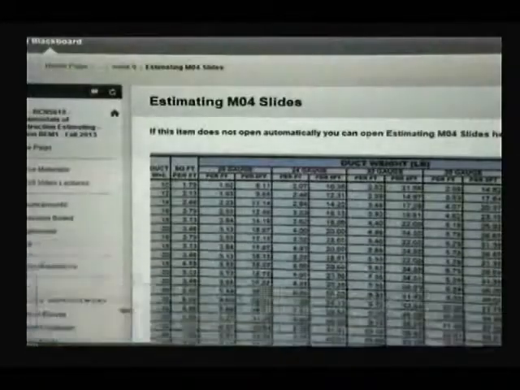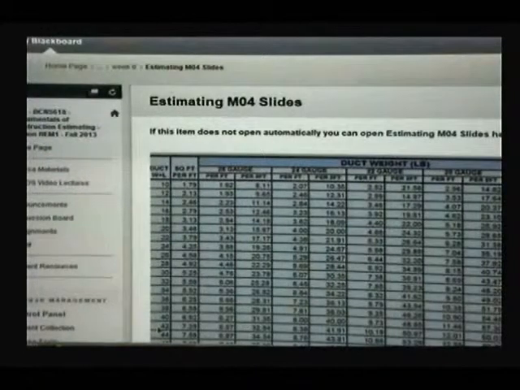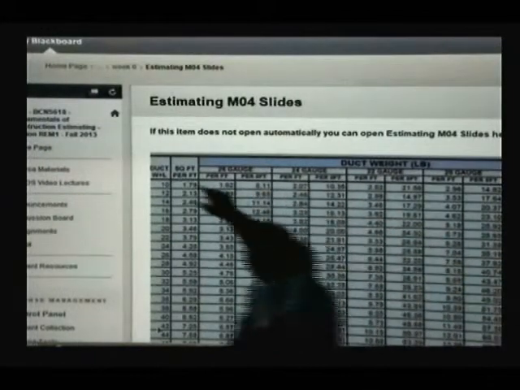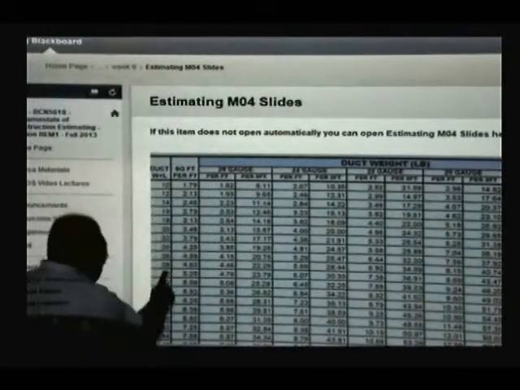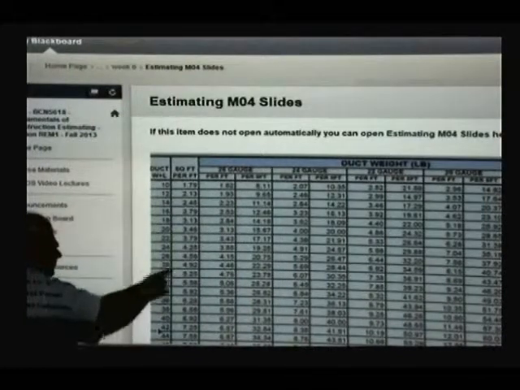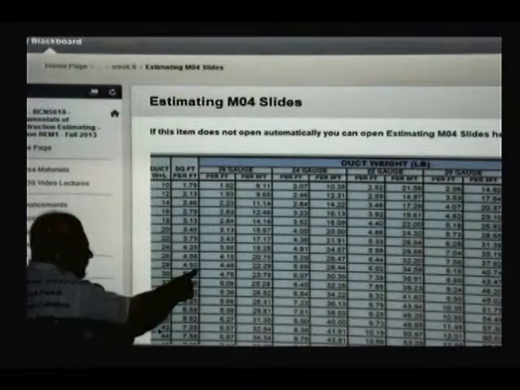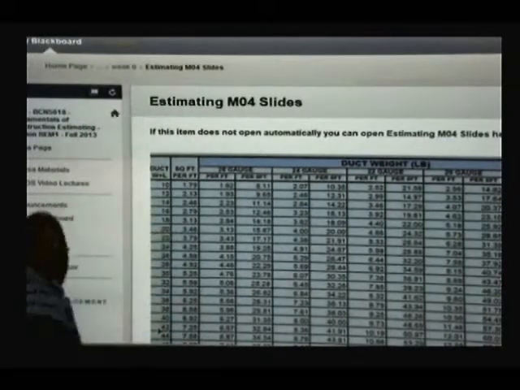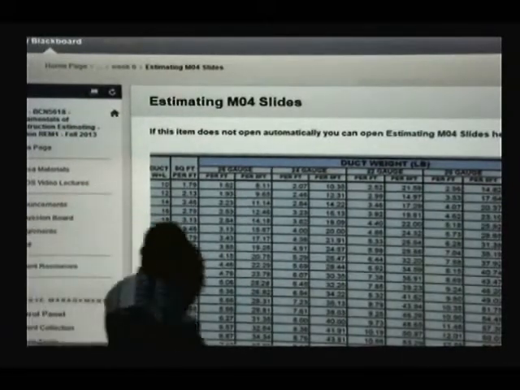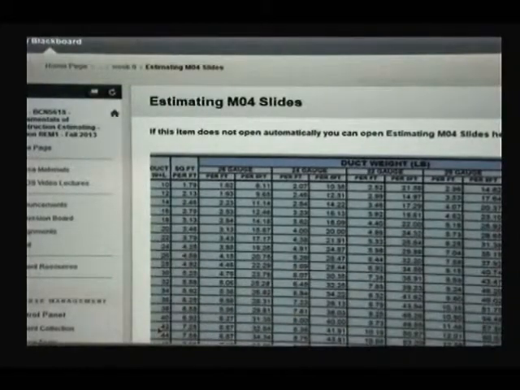So now I will go here to this table and I will find W plus L 28. Is this one here. So it says that I have 4.92 square feet per foot. Right? 4.92.